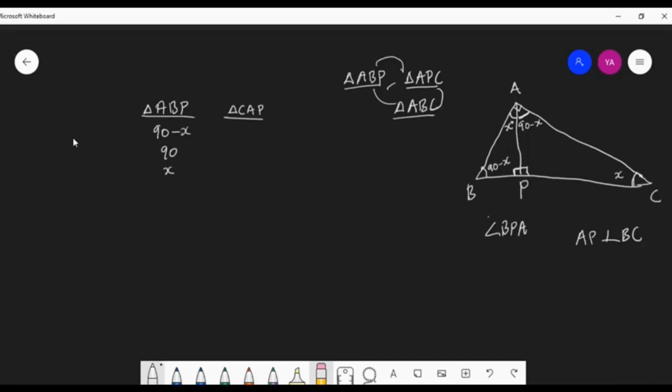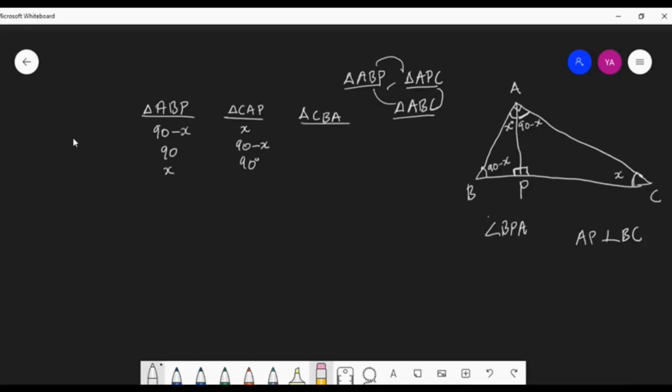So what is angle C in the triangle on the right side? X. Then what is the angle at A in the right side triangle? 90 minus x. Then angle P is 90 degree. And in the third triangle, the large triangle, we can give the name in the same order. So CB, I give the name like this, CBA.